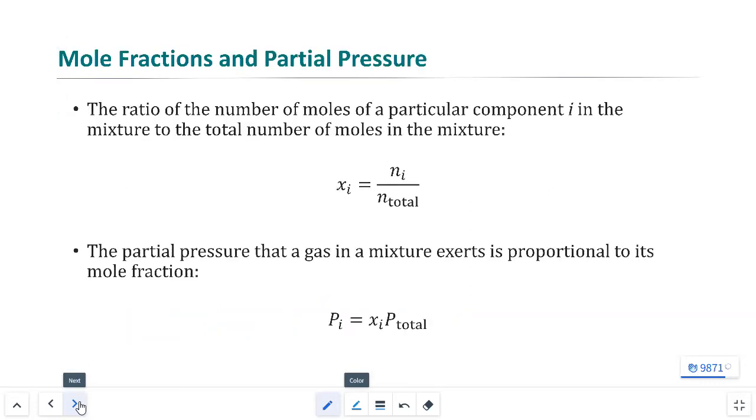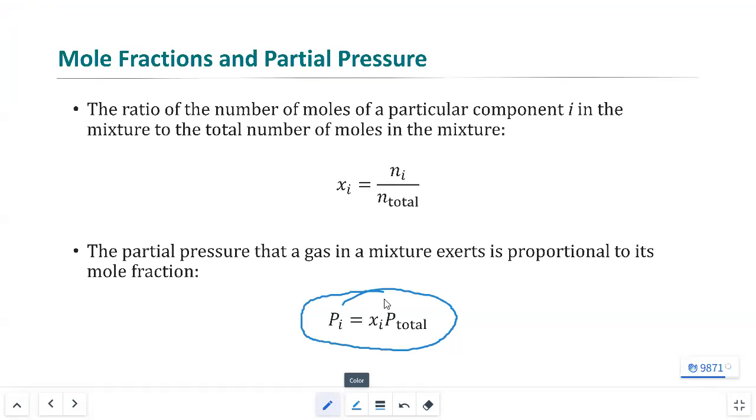So for example, what if I wanted to know what the individual pressure of carbon dioxide was in this room? Well, if I was able to determine the concentration of carbon dioxide in this room using mole fraction, I could do just that. And the equation for doing that would look like this.